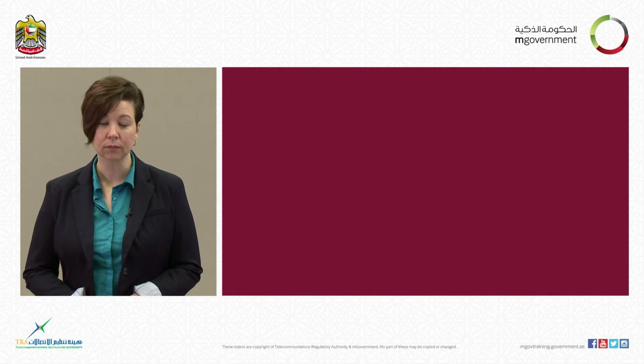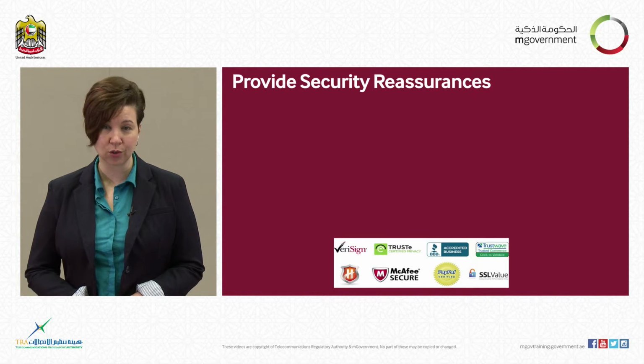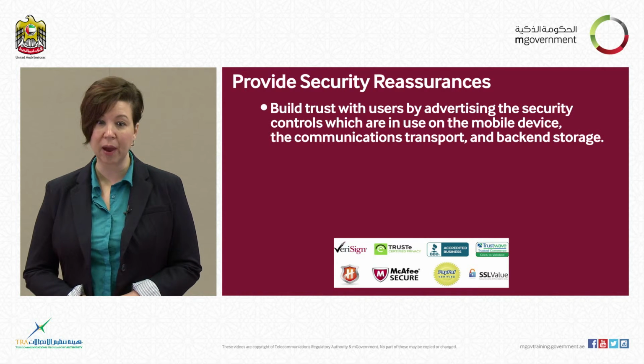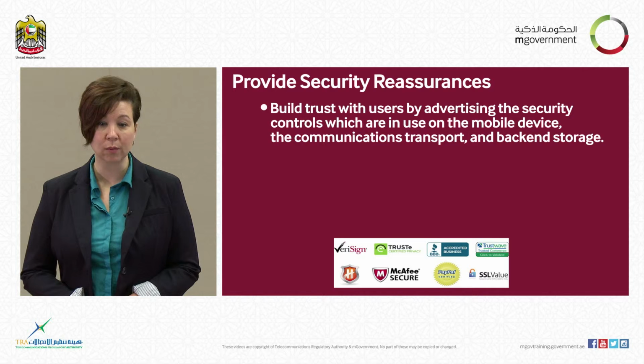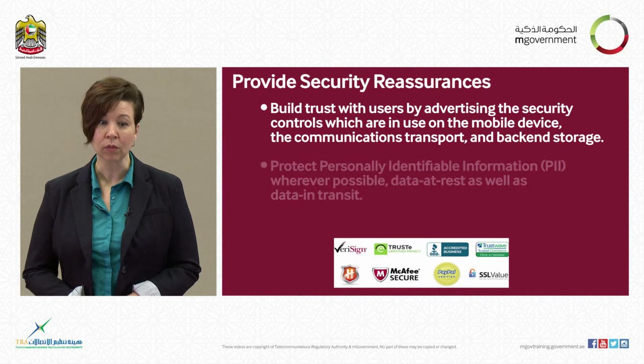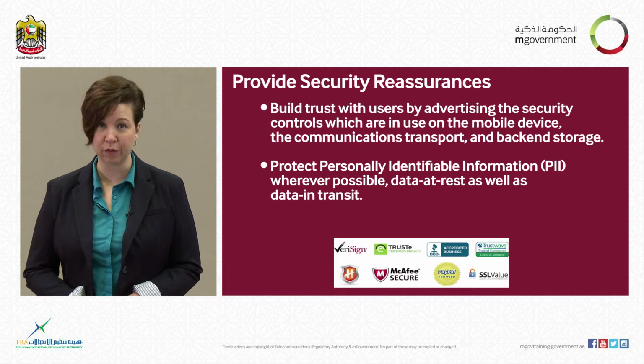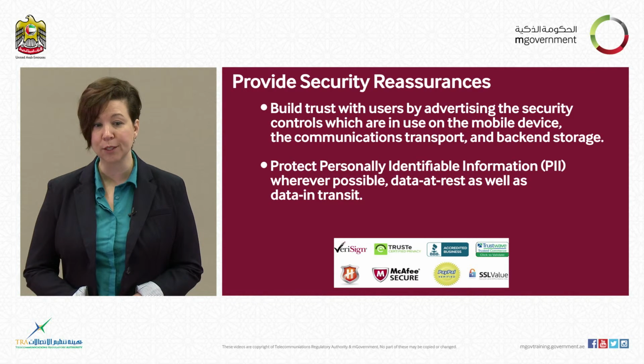We must provide security reassurances to users. We build trust with users by advertising the security controls that are in use on the mobile device, the communications transport, and the back-end storage. We want to protect personally identifiable information, also known as PII, whenever possible.